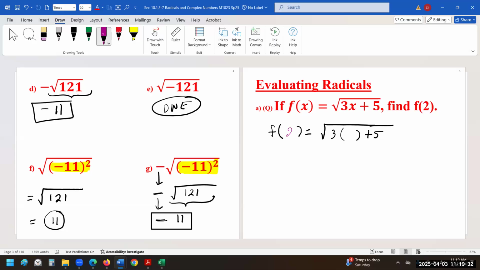So you replace every x you see with 2. We have 1 x here, 1 x there. So every x turns into 2, and then you simplify.